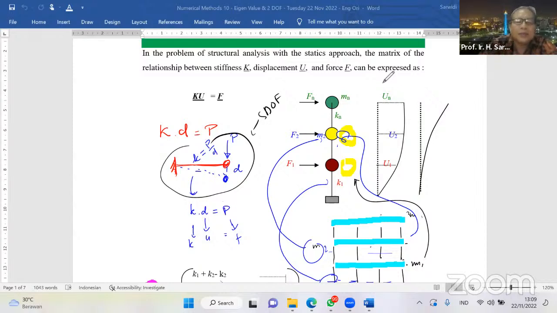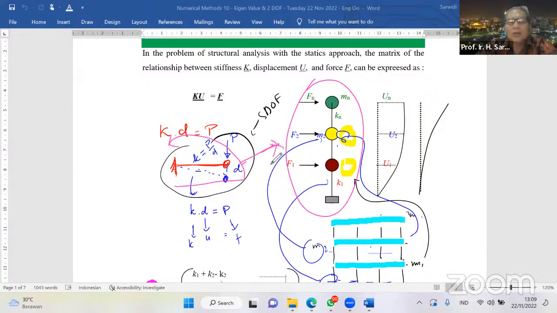Okay, how about if we turn this to the left side and become this one, and not only one force but, for example, 3, but it could be many, n in many. For example, a 100-story building, you have to put this as one story, 100 for example.